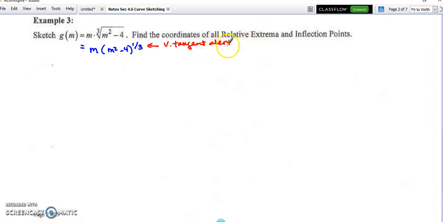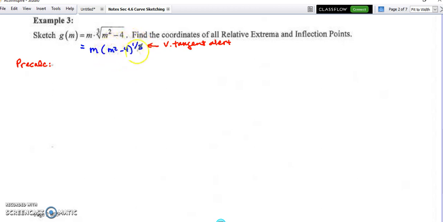So it's going to be a high possibility, if you think about how the derivative is going to come about, that this is going to have a fraction with a negative exponent and end up having a place on the derivative where it's not defined. However, thinking about what we know from pre-calculus, why is this going to be a vertical tangent alert, is because we have m squared minus 4, which is a continuous function, inside of a cube root, which is a continuous function.